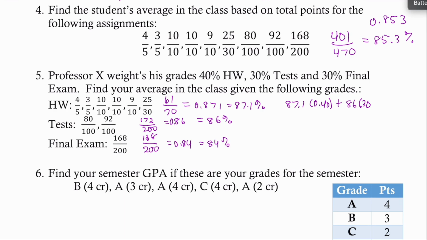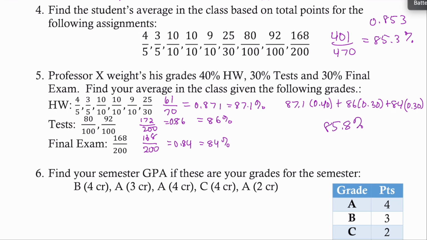Let me write that a little nicer. Plus 84%, which is only 30% of the grade, your final exam. And then you're going to add that up, round it to the nearest tenth, for a total of 85.8%.